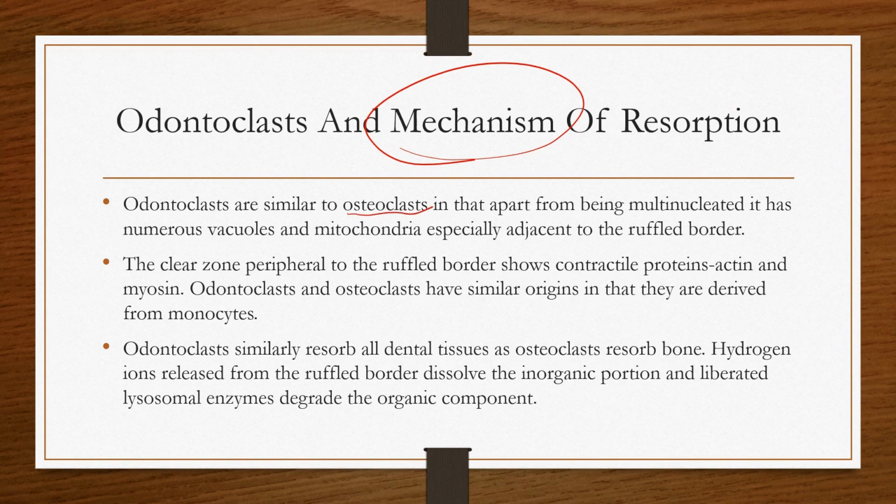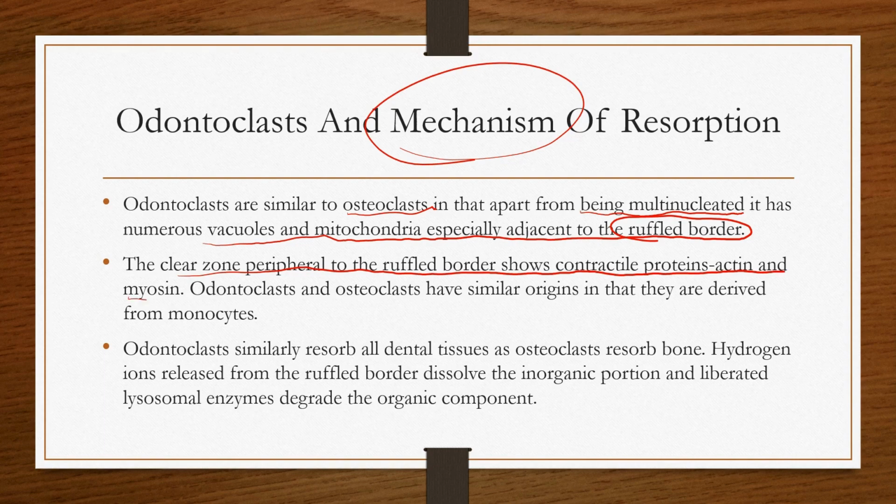Odontoclasts are similar to osteoclasts. Osteoclasts do resorption of the bone. Odontoclasts do resorption of the deciduous tooth. Apart from being multinucleated like the osteoclast, it has numerous vacuoles and mitochondria, especially adjacent to the ruffled border. The ruffled border is very important. The clear zone peripheral to the ruffled border shows contractile proteins, actin and myosin.